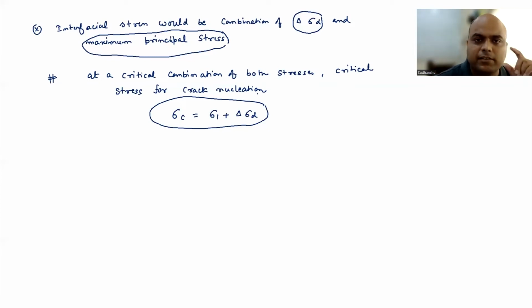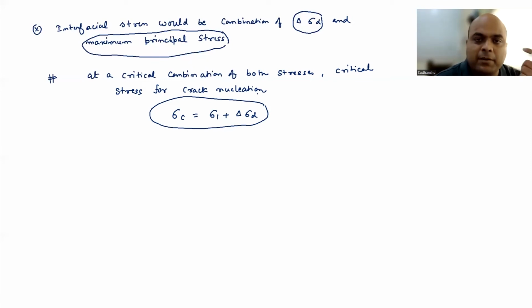The other way is, remember, you have these particles and then you have the matrix. Both are different materials themselves, right? So their properties are also going to be different, and these particles are harder than the matrix. So the strain compatibility issue is going to be there between the particle and the matrix. The matrix is going to have more strain accommodation as compared to the particle.